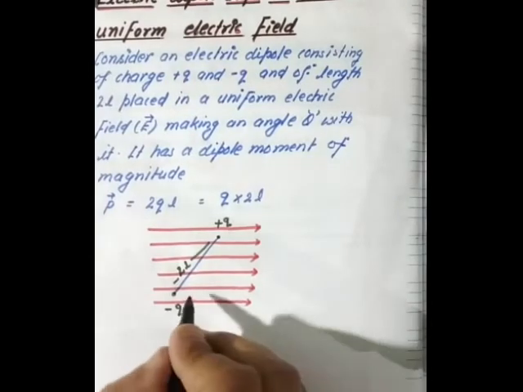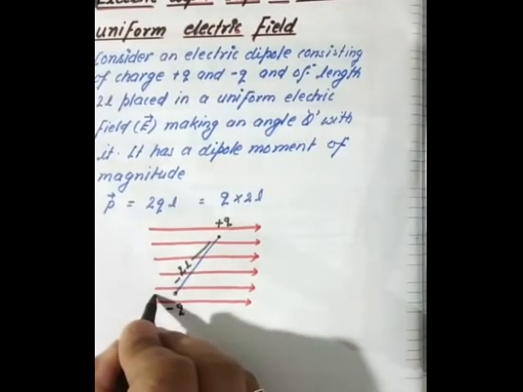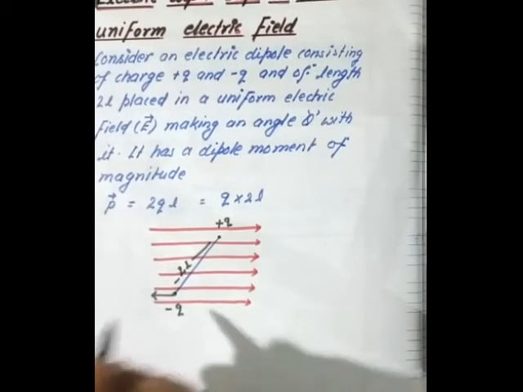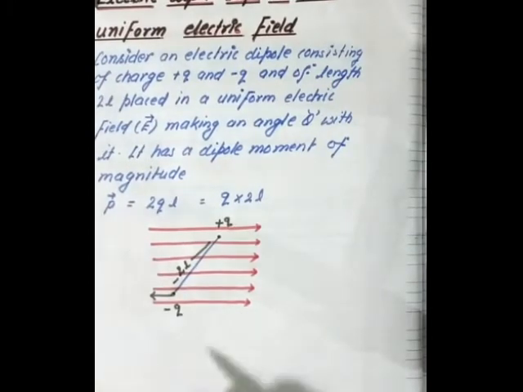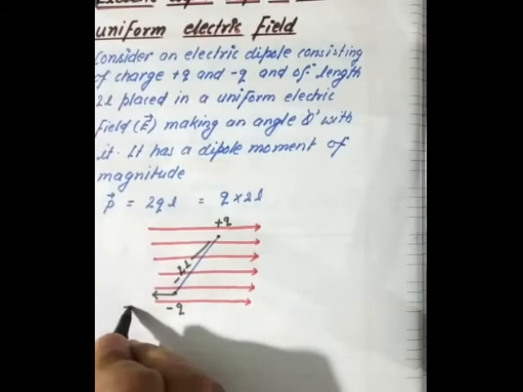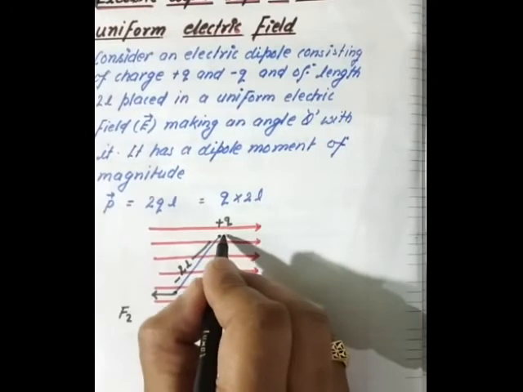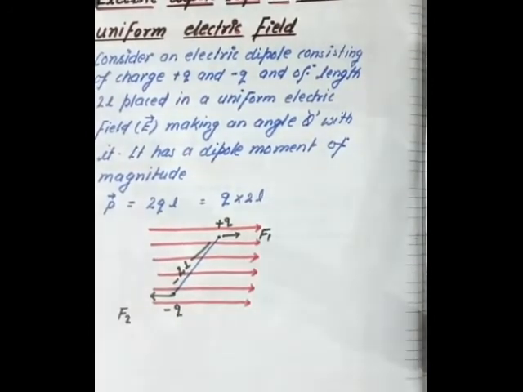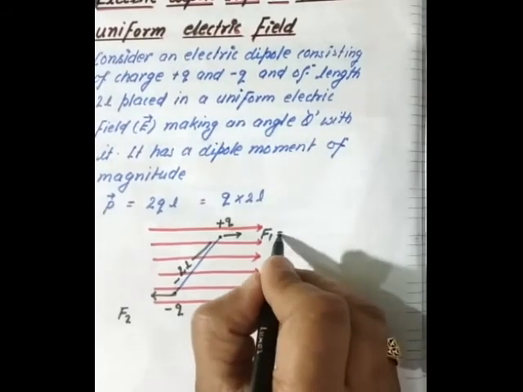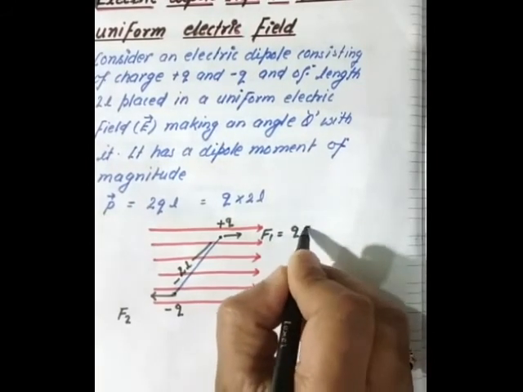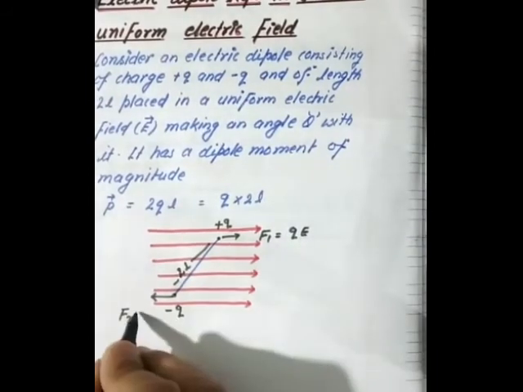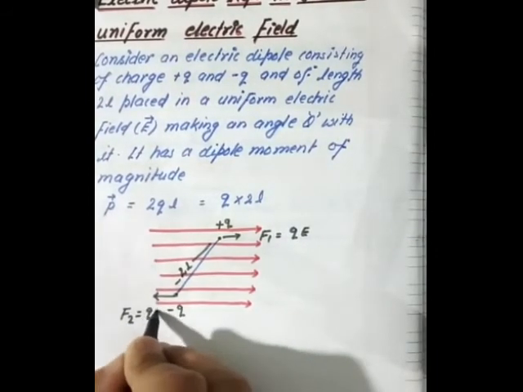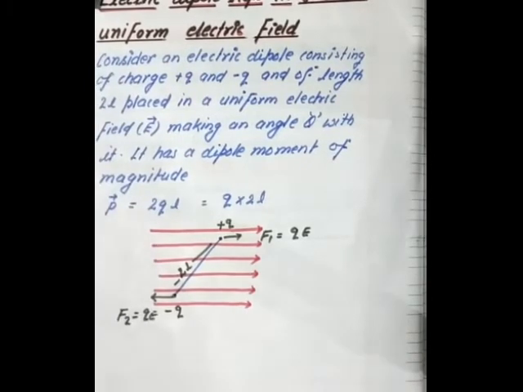We know that the force acting on the dipole, suppose this is force F2, and this one will be F1. So here force equals QE. Here again QE. How does it happen? You know the formula.